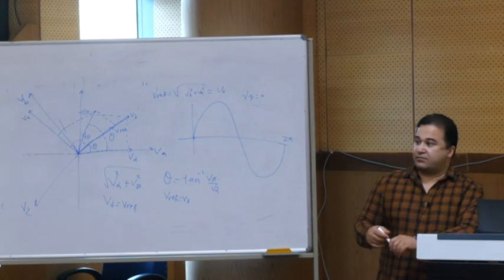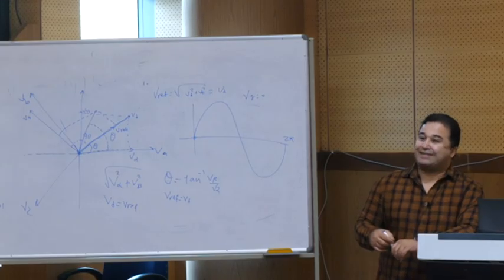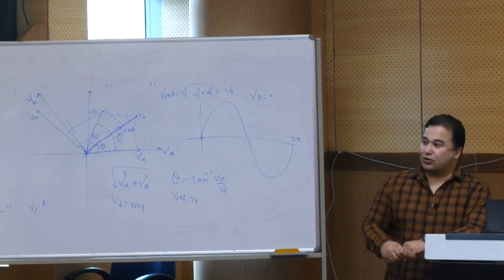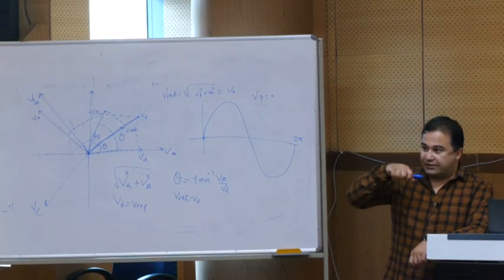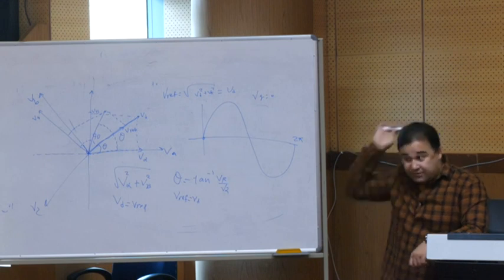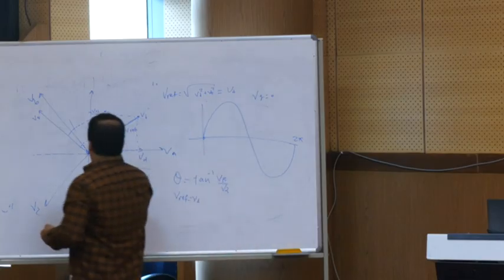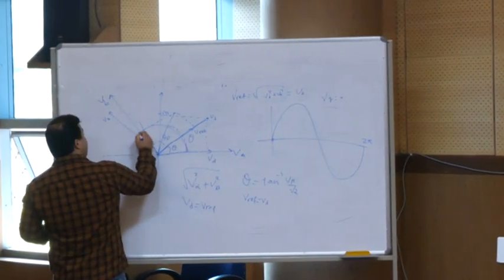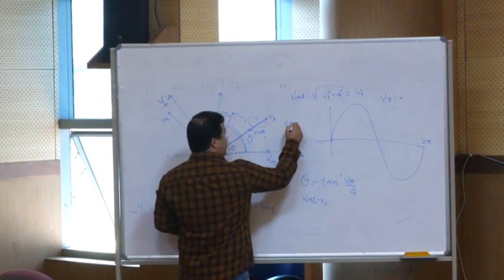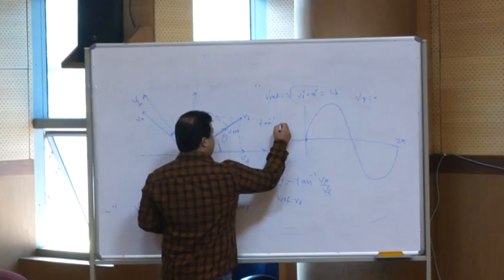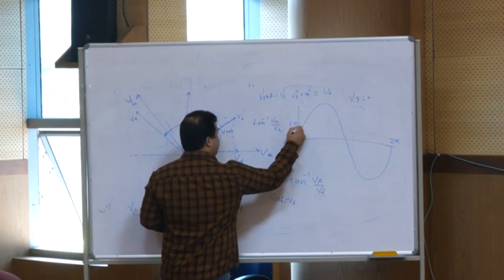What if we do the opposite, for example VD is 0 and VQ is bigger? It's like when you go to eat lunch, you take the spoon and eat this one or eat that one. You can say that I get the theta by VQ, so theta is the inverse tangent of V beta over V alpha plus 90 degrees.